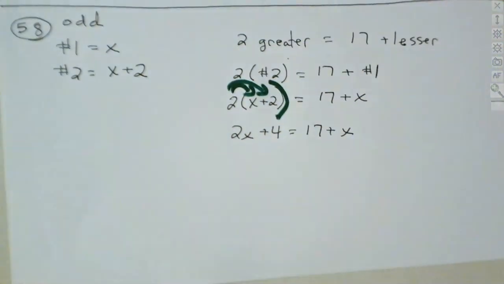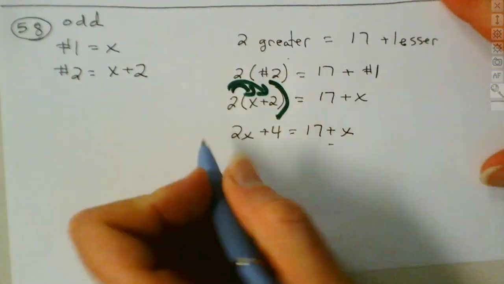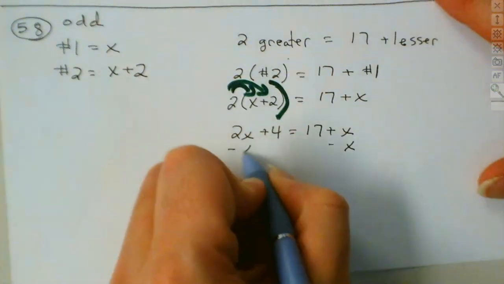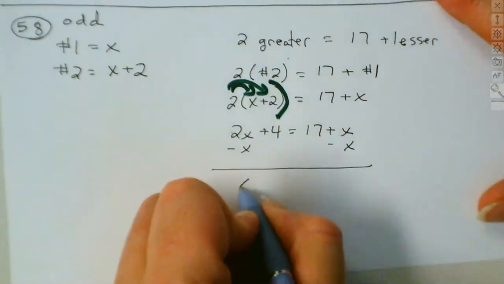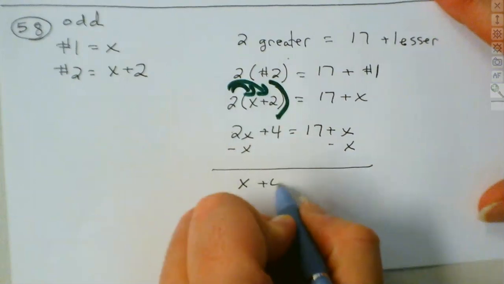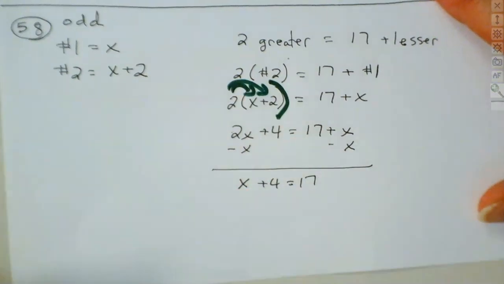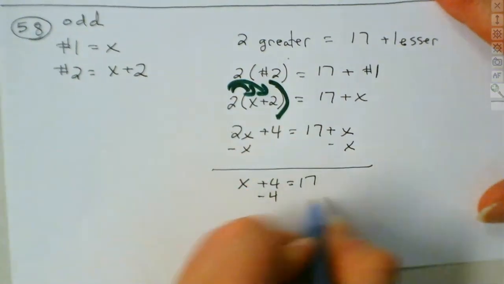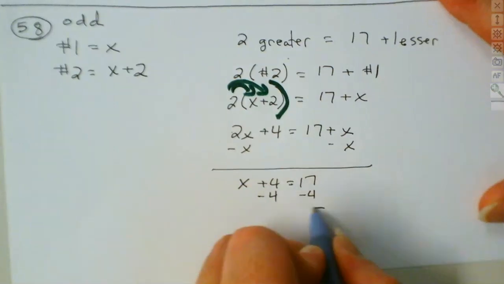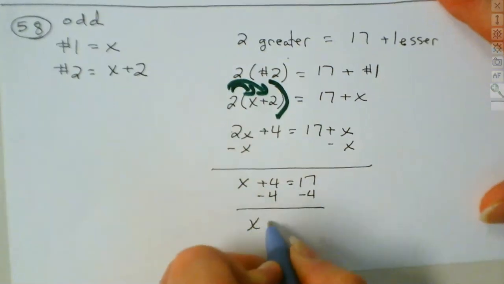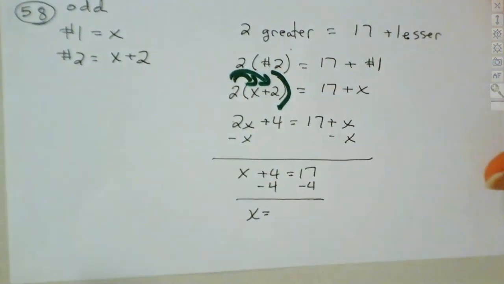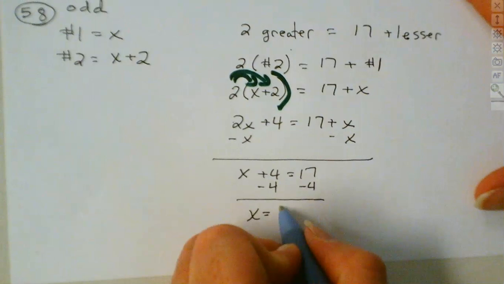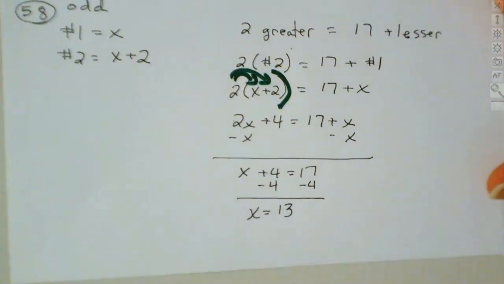What do we need to now do? Well, now we need to move that x over. 2x minus x, that leaves you with a single x, plus 4 equals 17. Move that 4 over with subtraction. And now we've got our x, which in this case, x now equals what? 17 minus 4, that's a 13, isn't it?